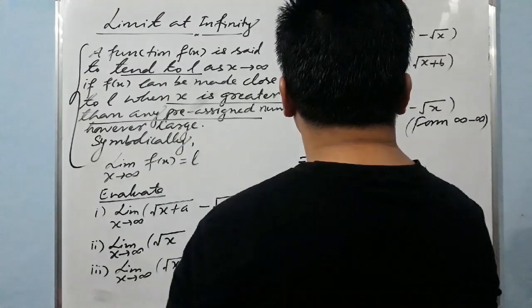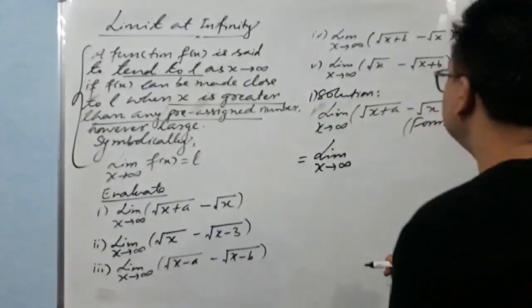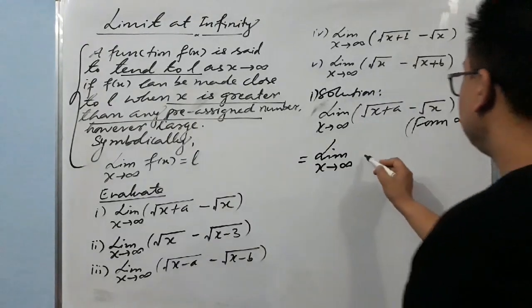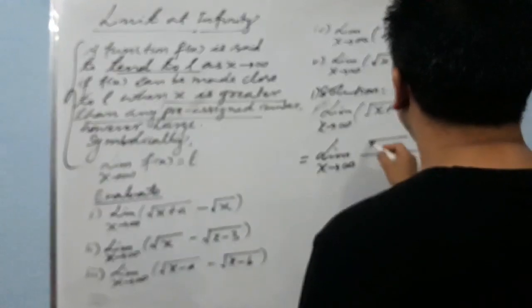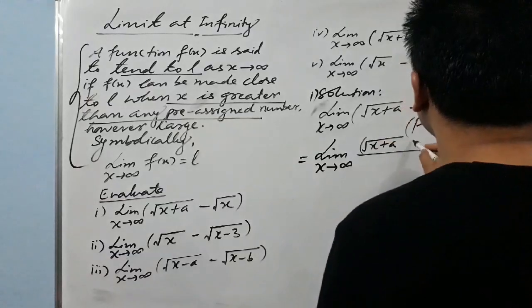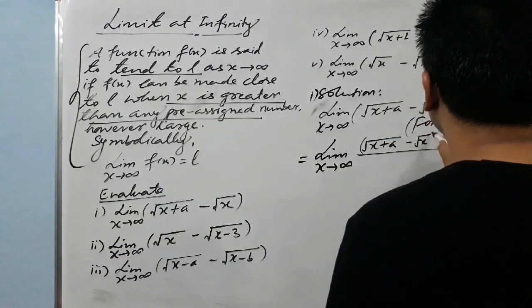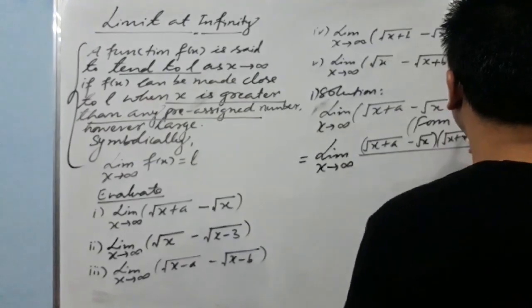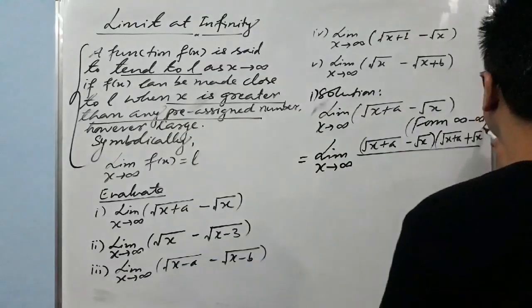Let's multiply numerator and denominator by the conjugate of the numerator. The conjugate of the numerator is root of (x plus a) plus root x.